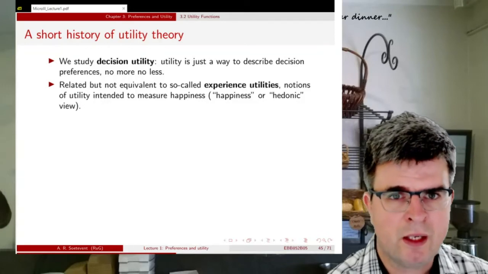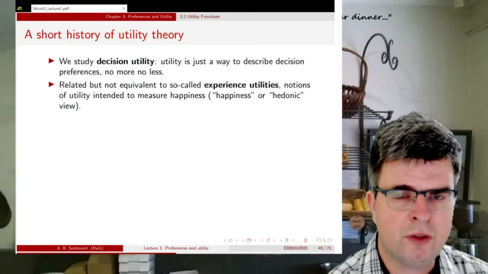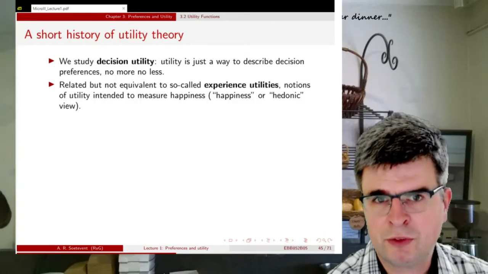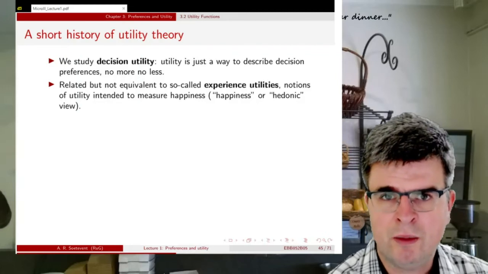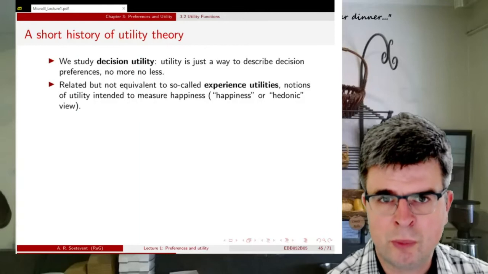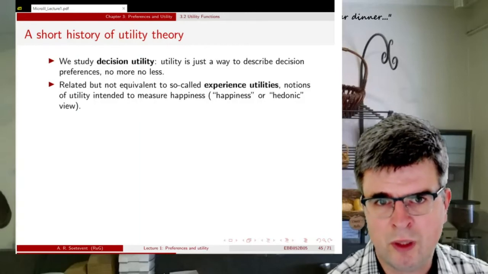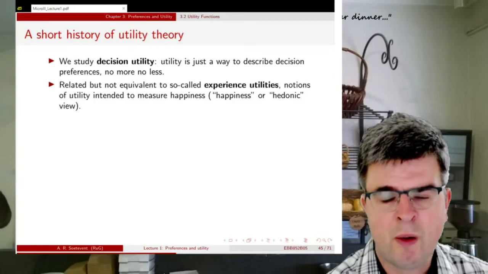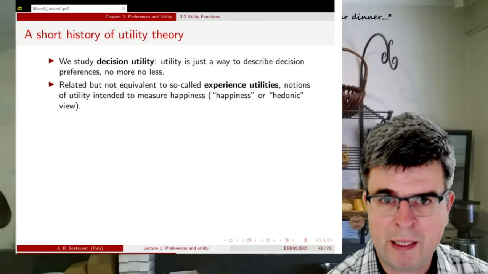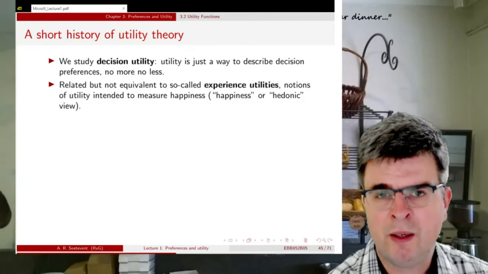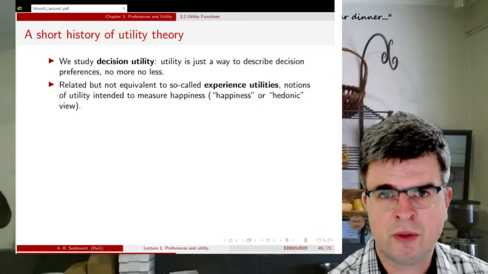They had the idea that you could really measure the number of units of pleasure or pain that people would derive from a certain situation or from consuming a certain alternative. This is related to notions of happiness or hedonics: how much pleasure or pain do you derive from consuming a certain good?